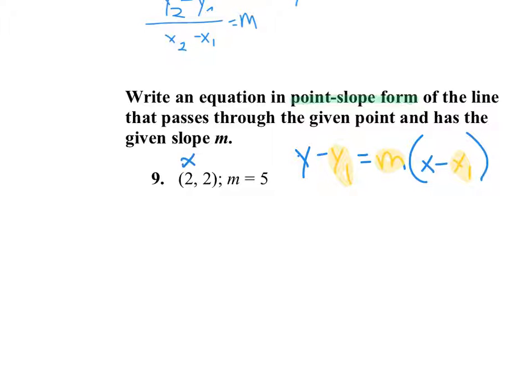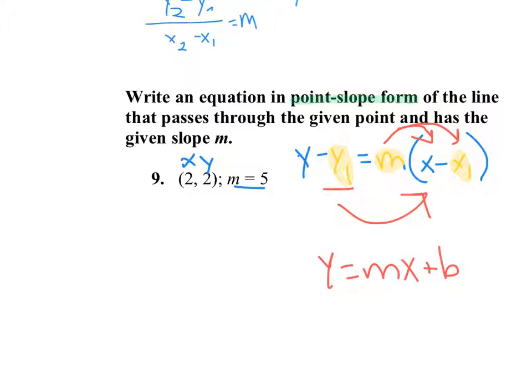So here's your x, your y, of course your m. Plug them in. And then once you plug them in, remember, you need to distribute and multiply the slope times everybody in here. And then you're going to add or subtract this number over to get your final answer in this format, y equals mx plus b.